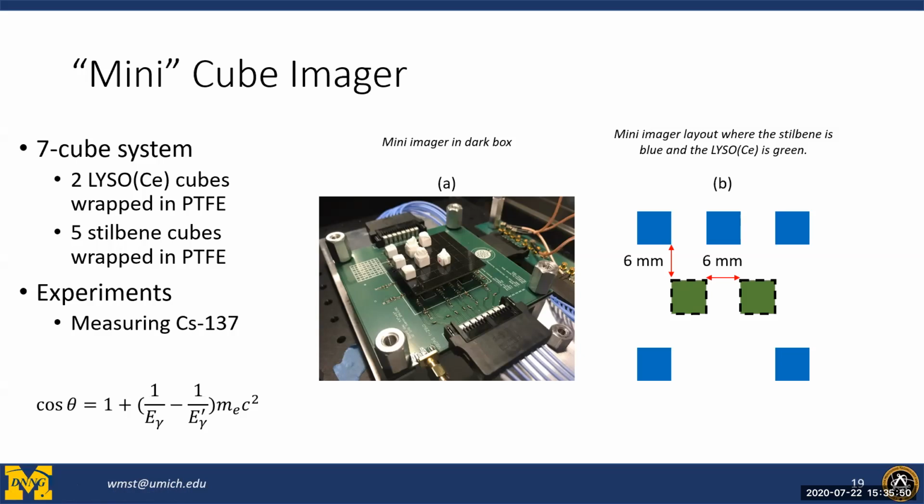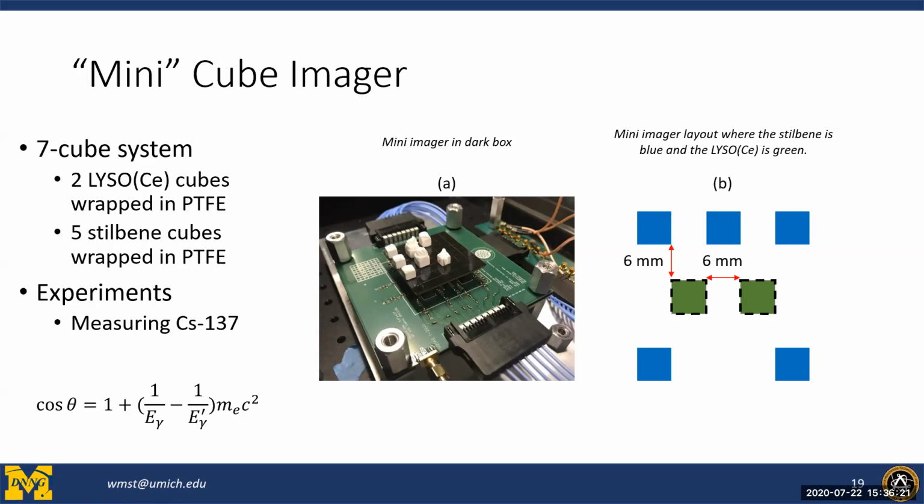And in this case, we're using a combination of stilbene, which is an organic scintillator, and LYSO, which is an inorganic scintillator, to perform Compton imaging. In this case, we're looking at double scatter events where we have a scatter in, and here I just have a layout of the system, scattering in any of the stilbene cubes. Because it's an organic scintillator, we know that the dominant scattering mechanism for gamma rays is going to be Compton scattering.